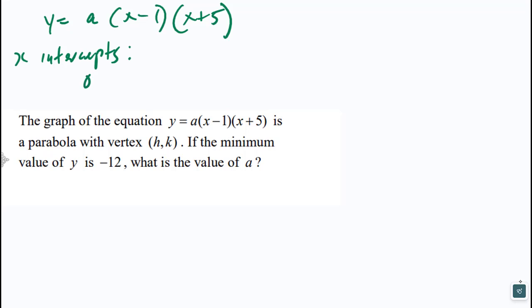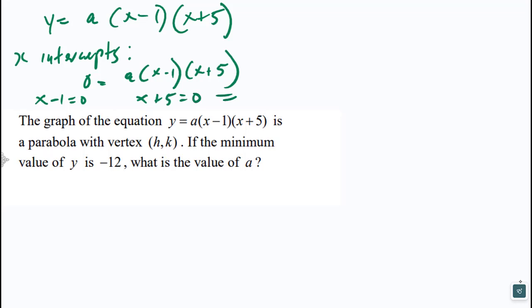So that's going to be 0 = a(x - 1)(x + 5). As a result, I'm going to get x - 1 = 0 and x + 5 = 0. So this here suggests that x is going to be equal to 1 and x equal to -5.